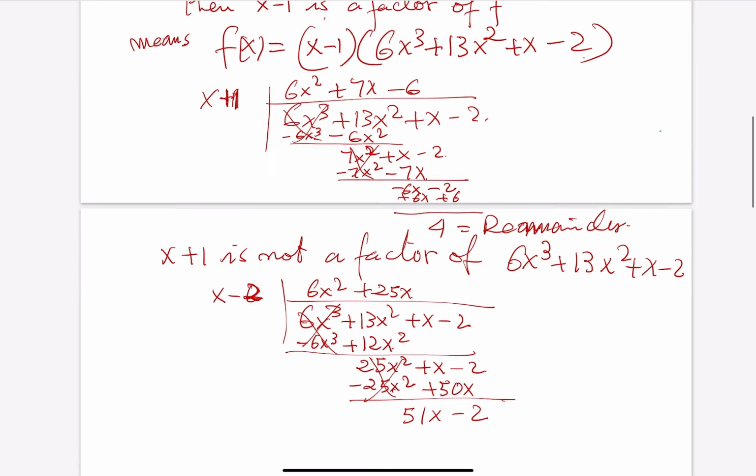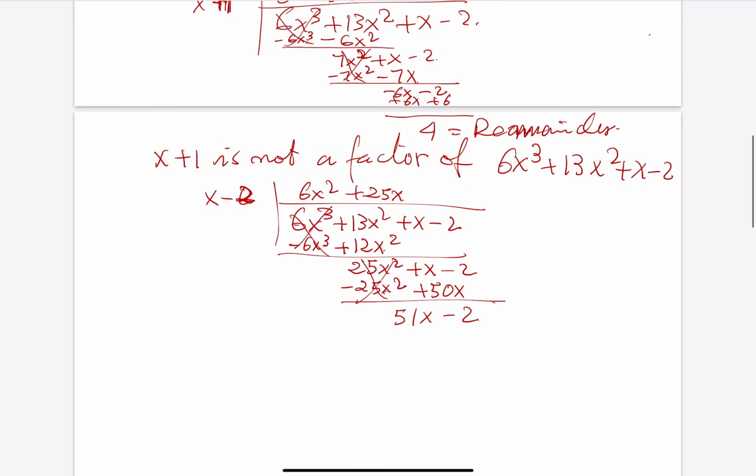Do the same thing. Let me see, because the number is too high. Let me check if I didn't make a mistake here. 6x squared times x is 6x to the third. Opposite sign. This one is good. Negative 12x squared, positive 12x squared. Okay.